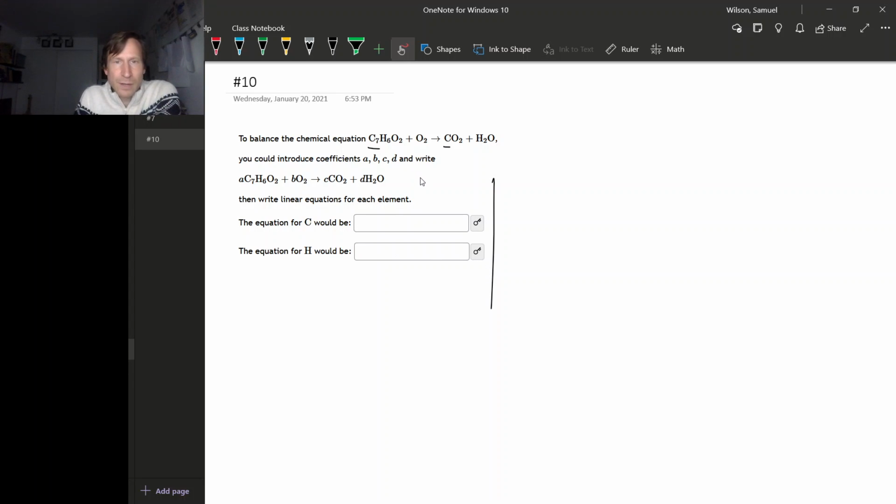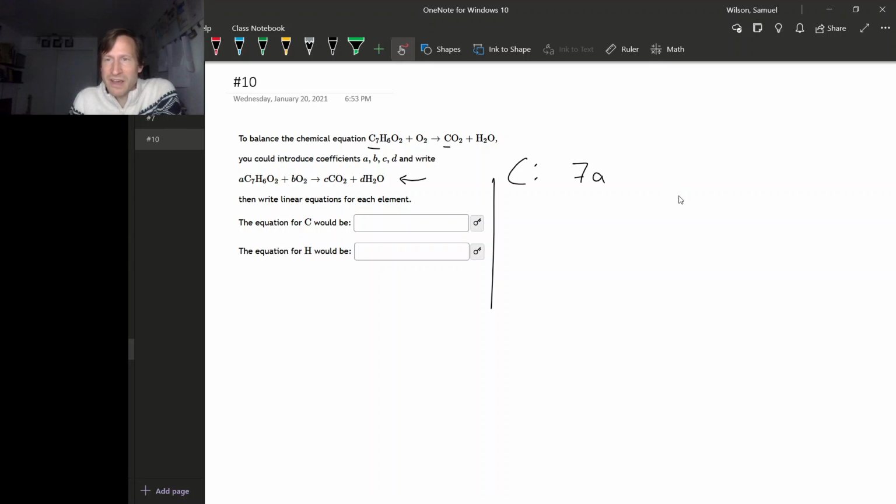So here is our reaction equation with the coefficients in front. Now looking at carbon atoms, for reactants we have 7A, and for products, remember when we do this, once you move everything to one side, the products always end up with negatives.